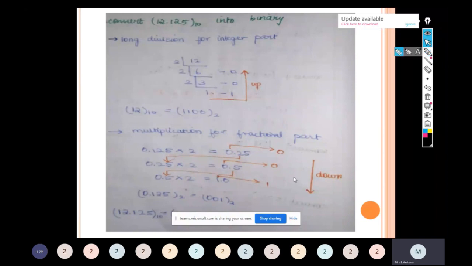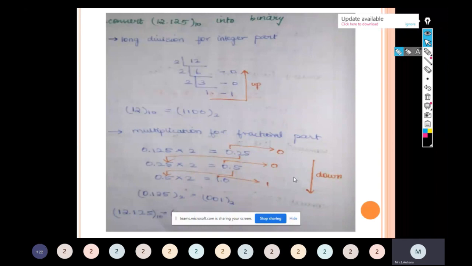Then we have seen the types of conversion: special conversions, namely binary to octal, octal to binary, binary to hexadecimal, hexadecimal to binary, octal to hexadecimal, and hexadecimal to octal, and then any radix to decimal. We have seen that when any radix is given, it is converted into a decimal number by multiplying each digit by its positional weight. Last, we have seen decimal to any radix.